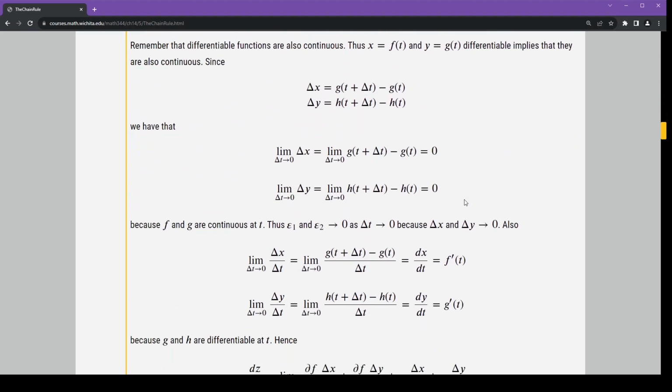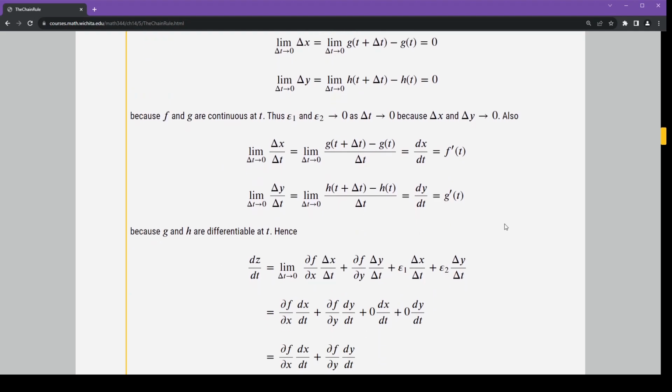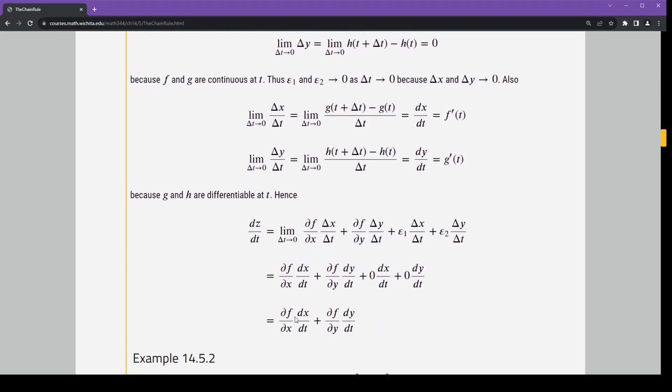Because everything works out when we start breaking things into individual definitions of the derivative using limits. The limit as h approaches 0 of f of x plus h minus f of x over h expanded to the higher dimensional case. Everything works the way that we want it to, and it reduces to this simple formula here.